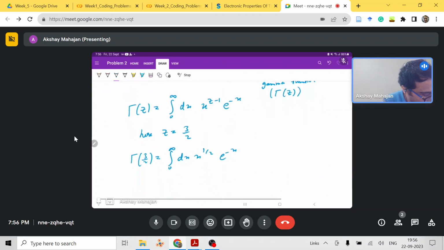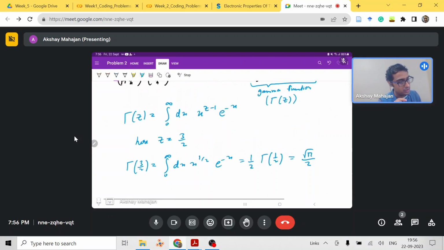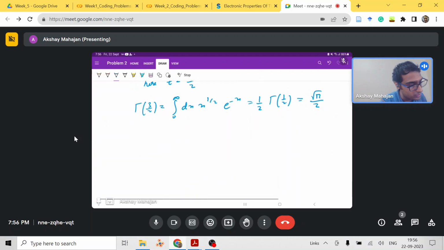This is our integral, and that will equal half of gamma of 1 by 2, and gamma of 1 by 2 is root pi, so it is root pi by 2. This is the definition. Most likely if this kind of question is given to you, it will be provided to you.